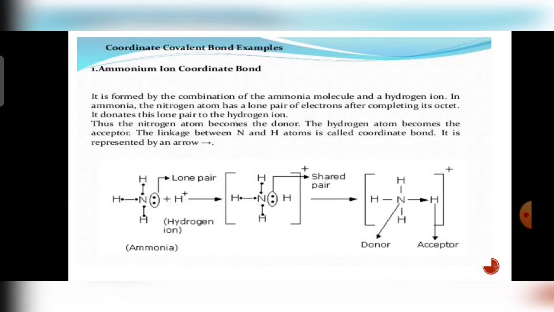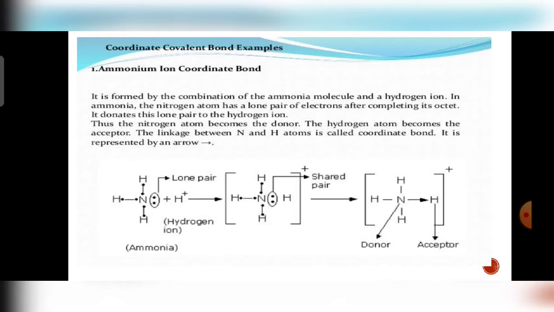So what are the conditions for the formation of a coordinate covalent bond? There are two conditions. First is an electron deficient atom, and the second is an atom with a lone pair of electrons. If an electron deficient atom approaches a molecule with no lone pair of electrons, bond formation will not occur.